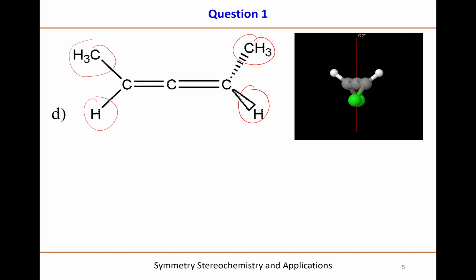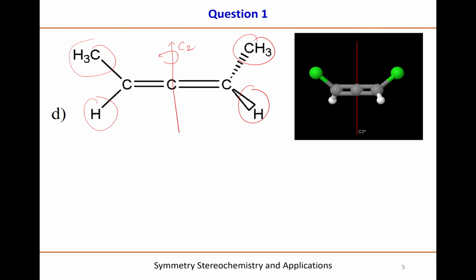Now, if we pass the C2 axis, you can see the C2 axis here with the red line, right? C2 axis. Okay. After the rotation, the molecule looks the same. You can see here, right? C2 axis passed. How is the C2 axis passing?